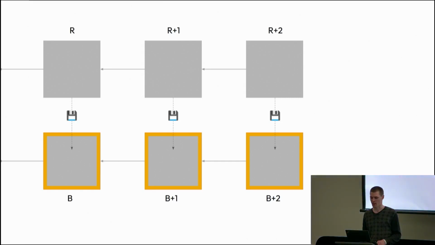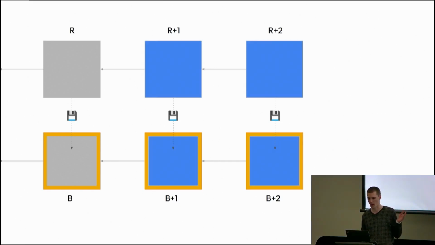Again, we can see how this works if we label the diagram. At block R, the rollup has the gray set of rules, and then at block R1, there's a hard fork, and the full nodes on the rollup network begin respecting a different set of consensus rules, and so the blocks are now blue, and they just look for blocks that conform to their rules that have been put into Bitcoin.